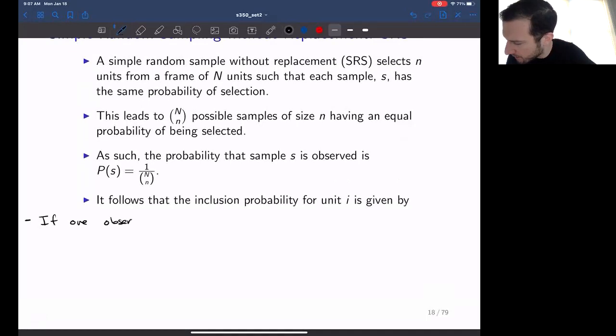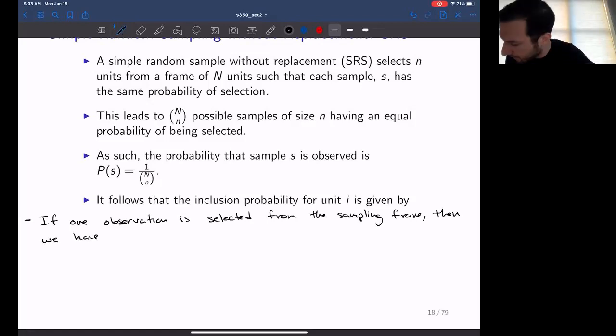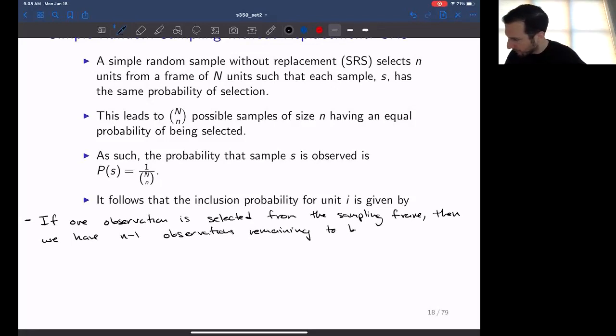So if one observation is selected from the sampling frame, then there are little n minus 1 observations remaining to be selected.